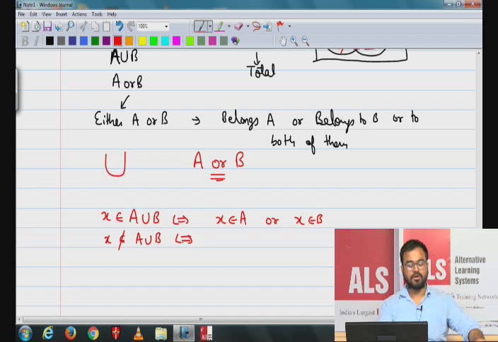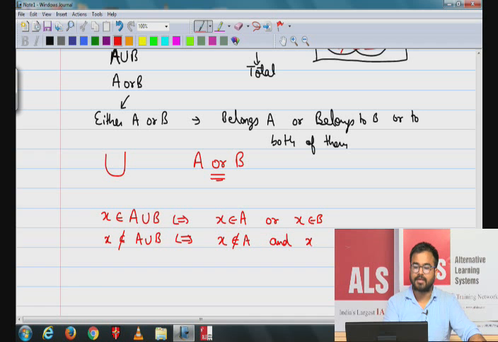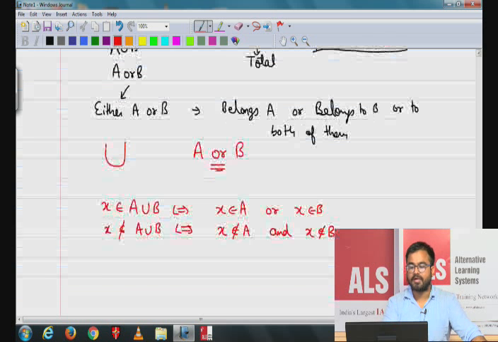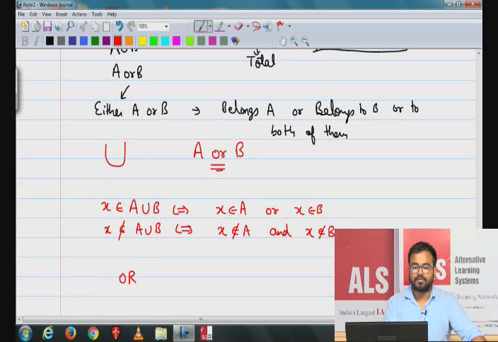Now, if X does not belong to A union B, it means X does not belong to A and X does not belong to B. So here the two words which I am using are or and and.